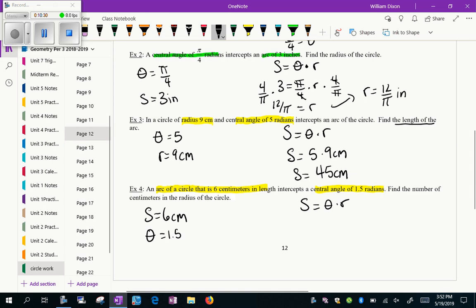All right, so here I go. So now I have 6 equals 1.5 times r. I'm looking for the radius, r, so I'm going to divide both sides by 1.5. I'm trying to get r by itself.